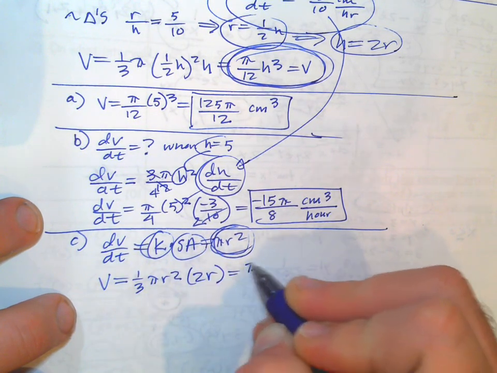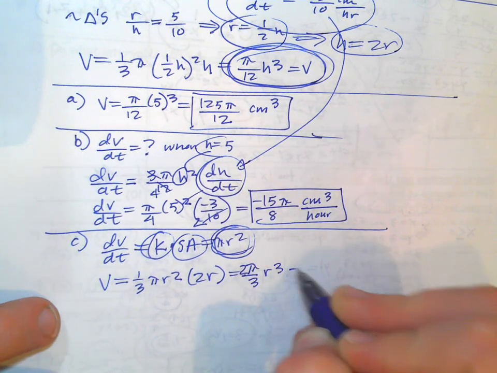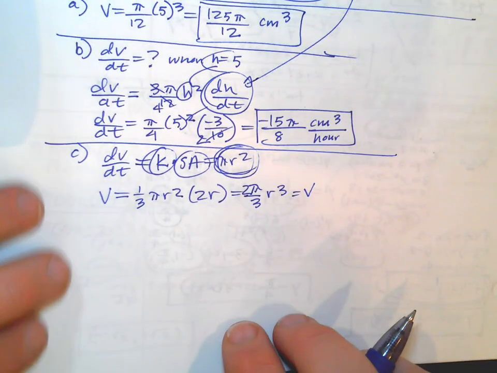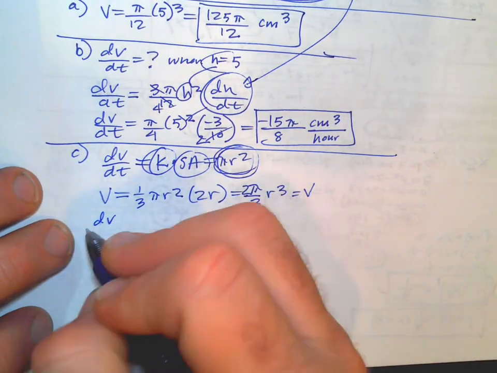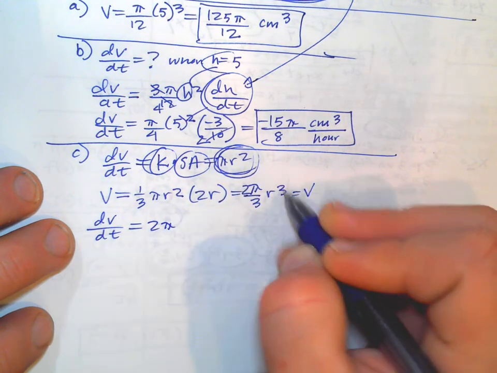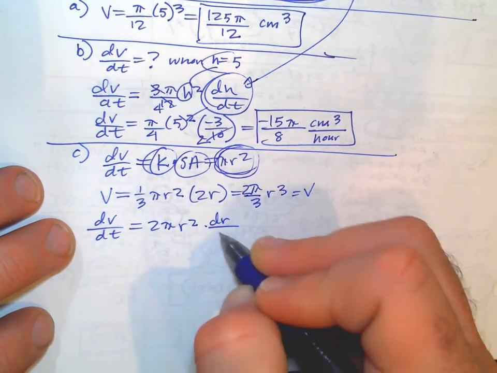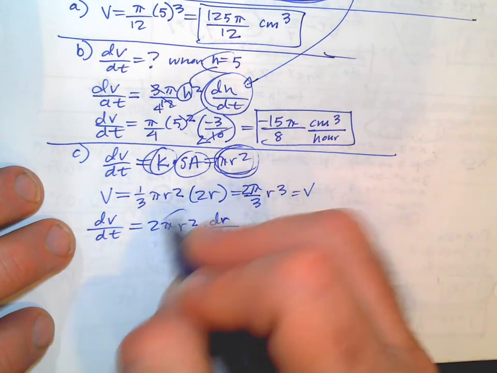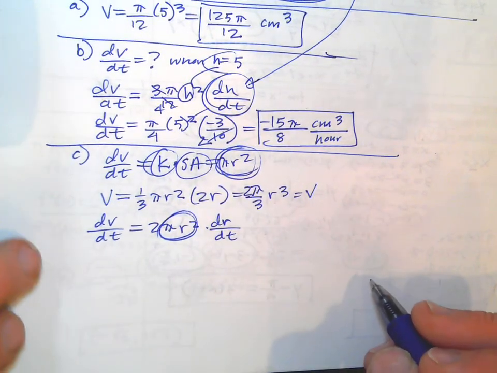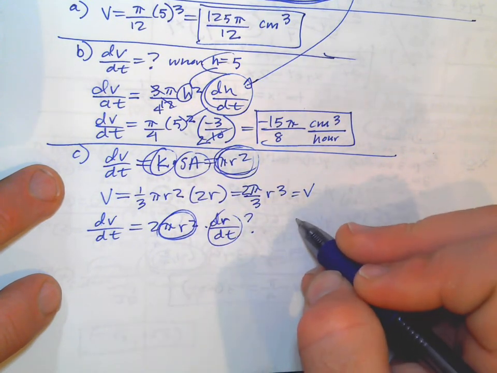So it's going to be 2 pi over 3 r cubed. I think that might help. Then I'm going to take the derivative, dV/dt, and I'm going to get 2 pi, the 3 is going to cancel 3, r squared, dr/dt. Now you might notice, look, we've got a pi r squared, so that's good news. We need to figure out what dr/dt is.